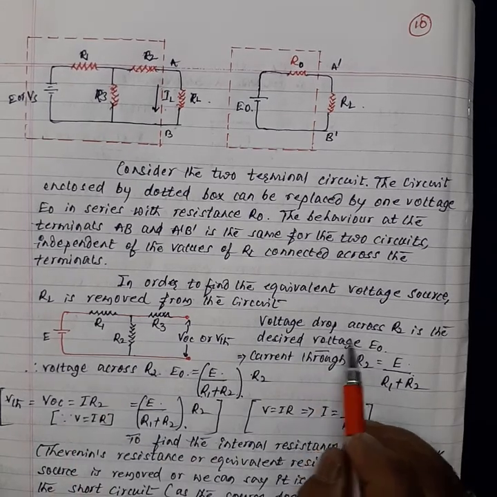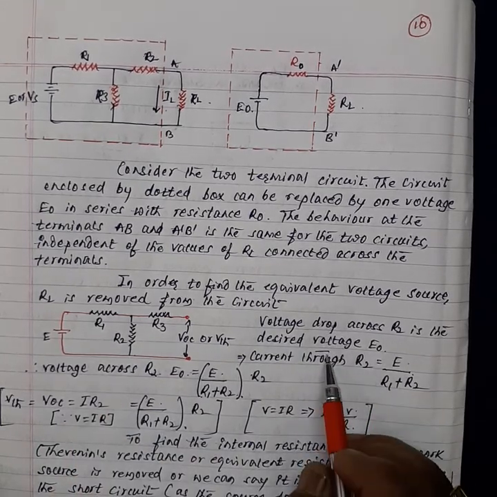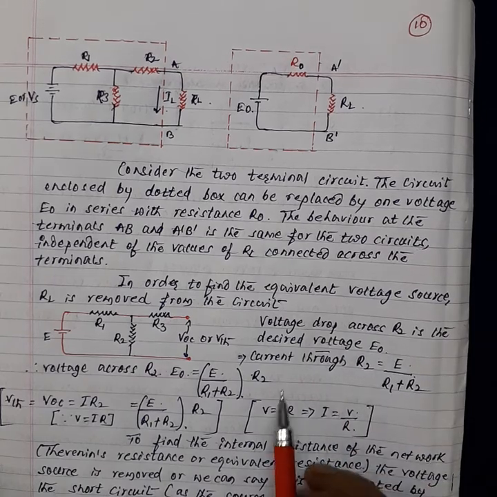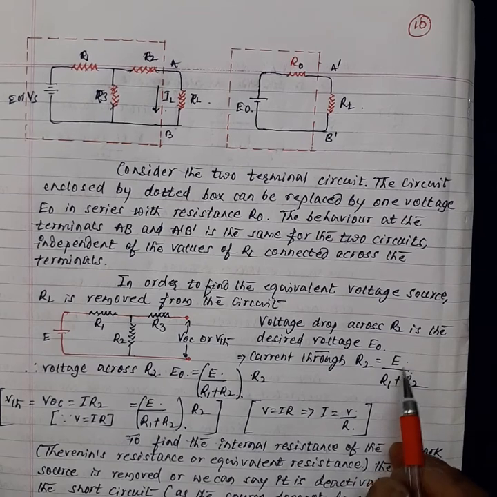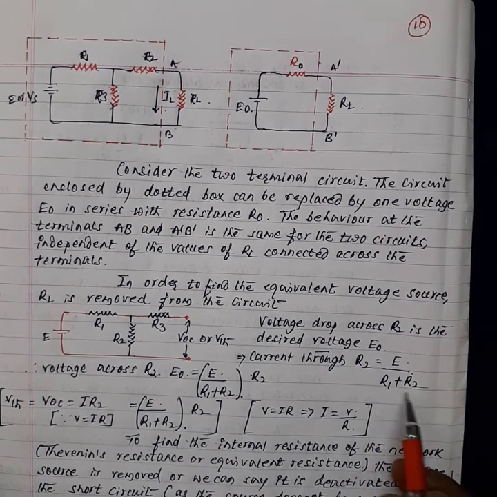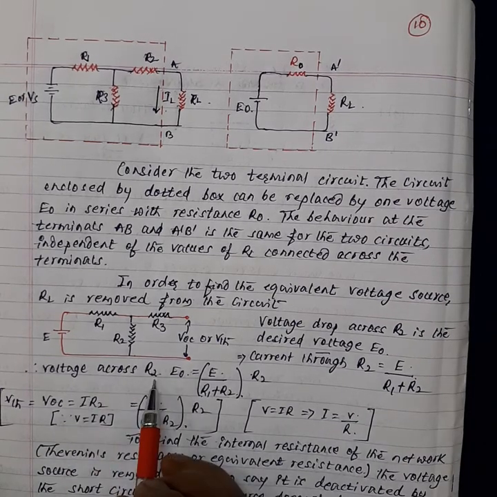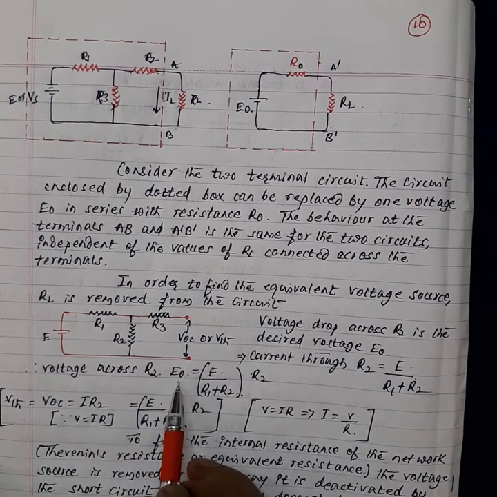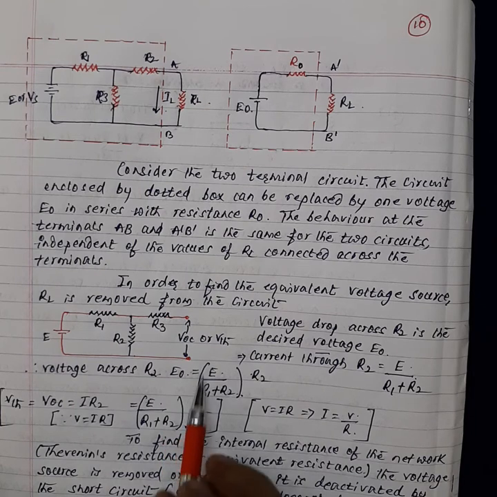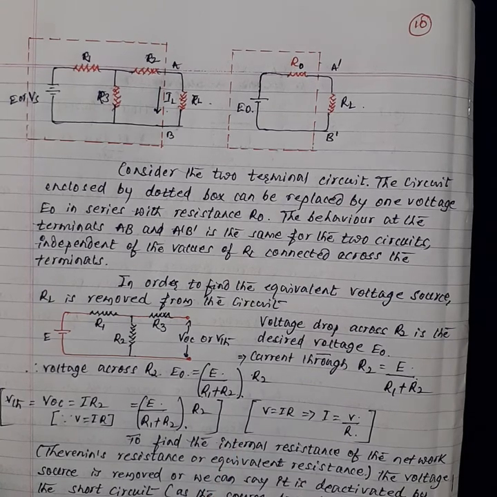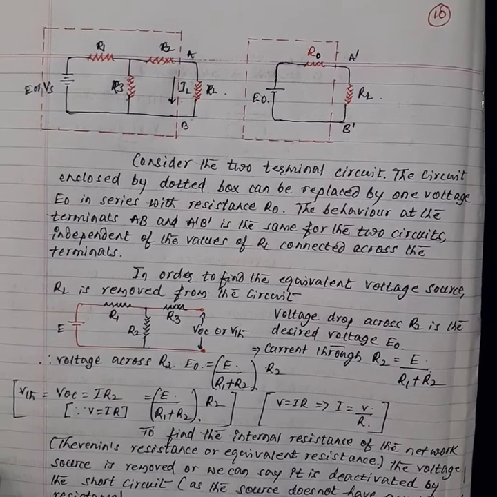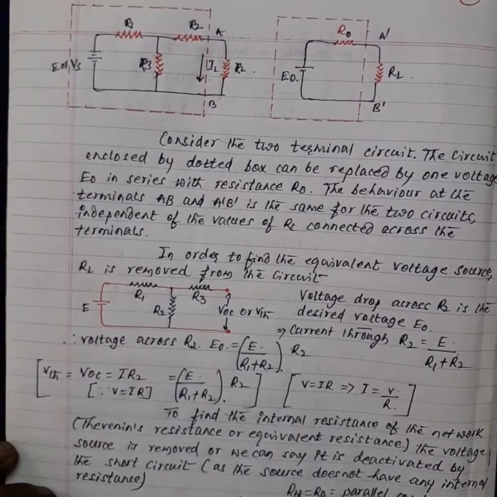Now the voltage drop across R2 is the desired voltage, say E0. Here the current through R2 is E divided by R1 plus R2. So the voltage across R2 is E0 equal to E divided by R1 plus R2 into R2. Here we have to use Ohm's law, that is V equal to IR.